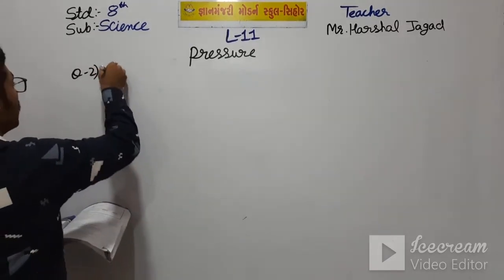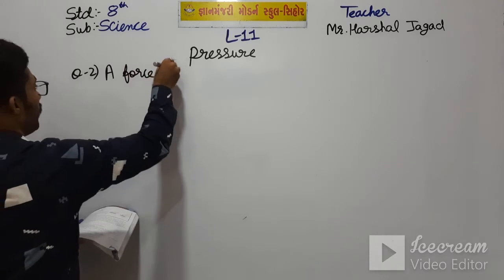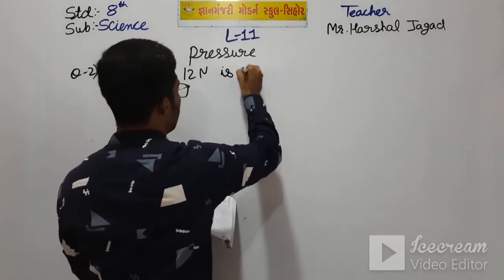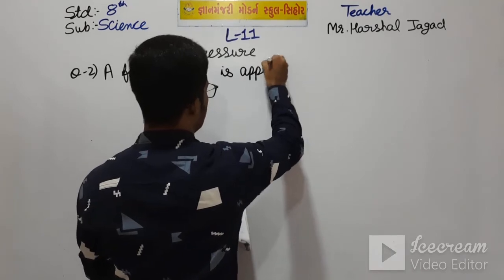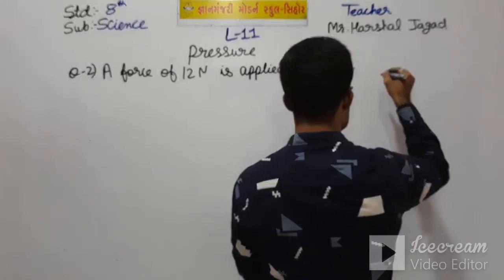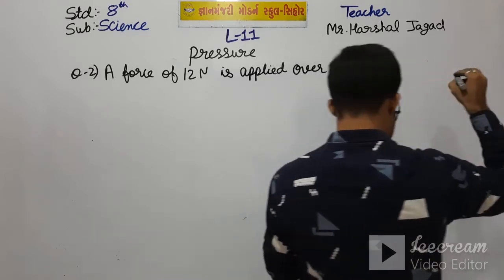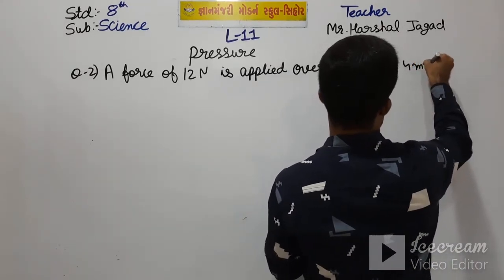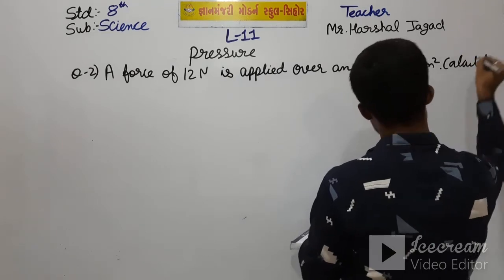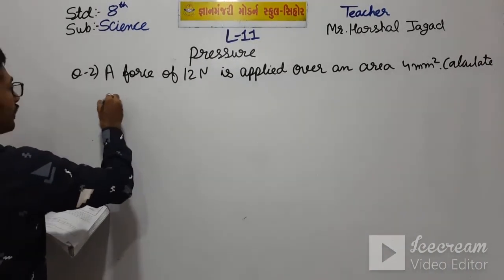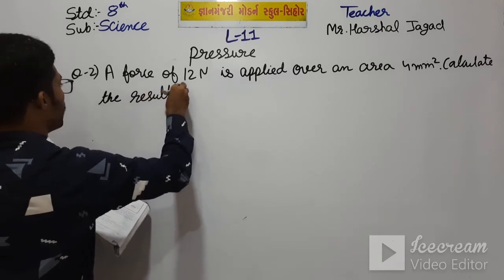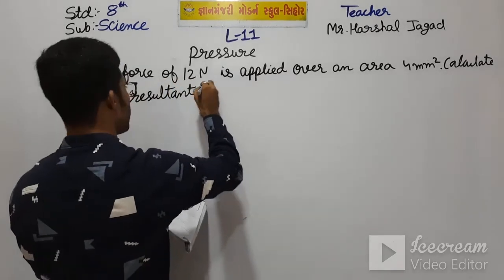A force of 12 Newton is applied over an area of 4 mm square. Calculate the resultant pressure.